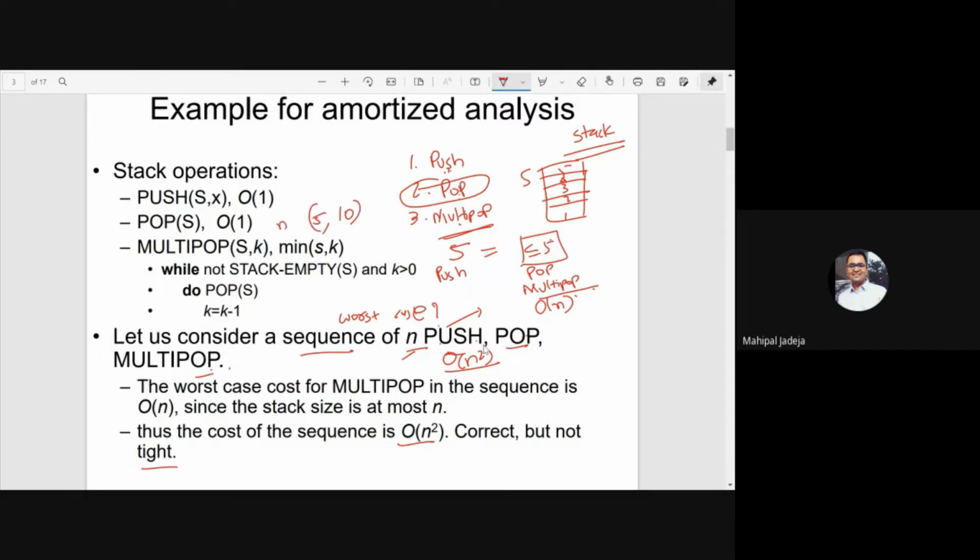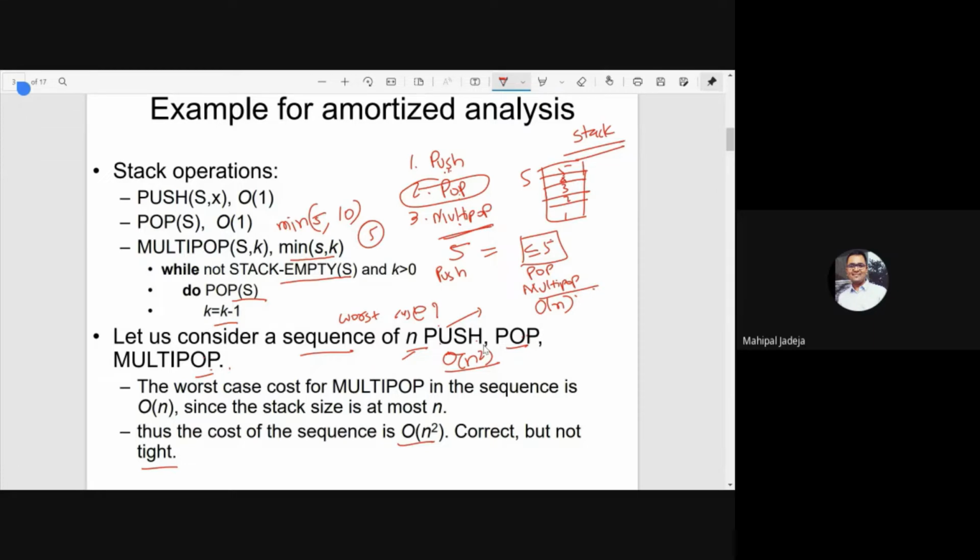Then it will consider minimum of 5 comma 10, which is 5, because it can only remove 5 elements. If the stack is not empty, then it will pop the underlying element and reduce the value of k by 1. That's the idea of this multi-pop operation.